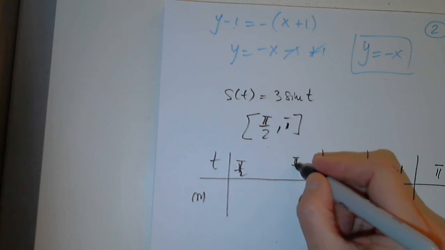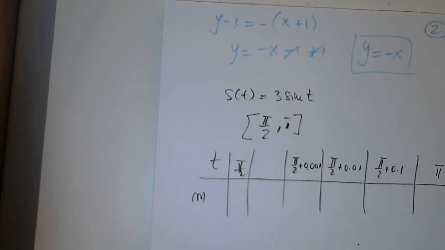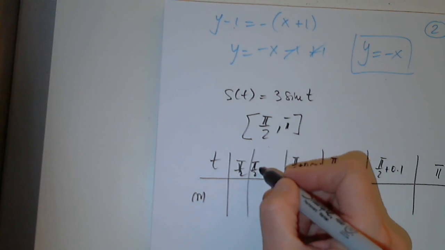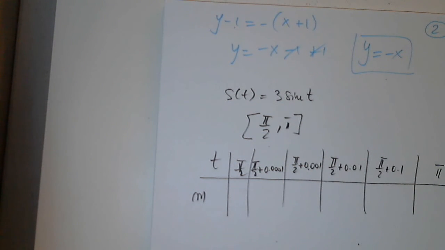The next one will be pi over 2 plus 0.001. And the closest one will be pi over 2 plus 0.0001. I'm not going to do this by hand. I'm just going to create a function that gives us the slope of each and every secant line, the one between pi over 2 and pi, and then closer, and then closer, and then closer.